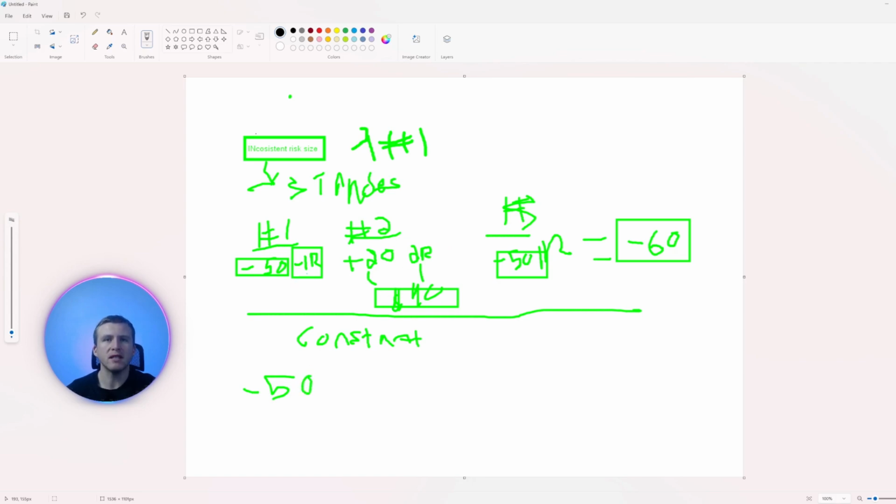But let's say we risk the same amount on this setup that we win 2R. So if we risked $50 and we made 2x of that, now we made $100, and then that last trade we still lost 50 because we lost 1R. Well, this comes out to $0. So by having this constant risk sizing, you just saved yourself $60 off of this move.